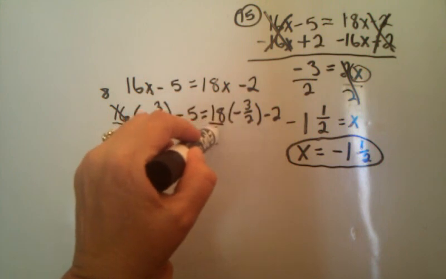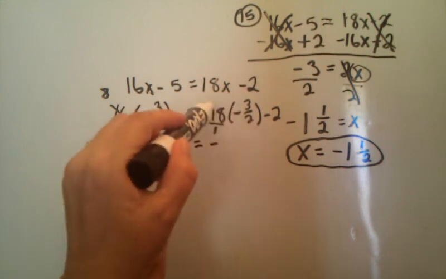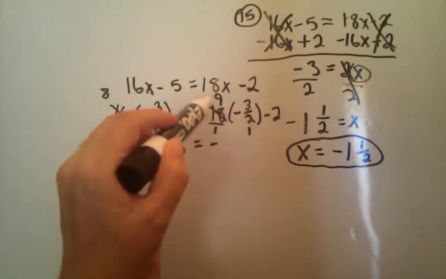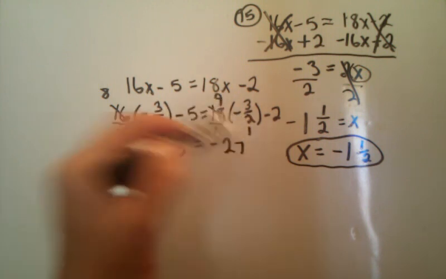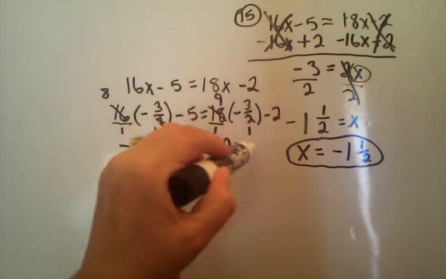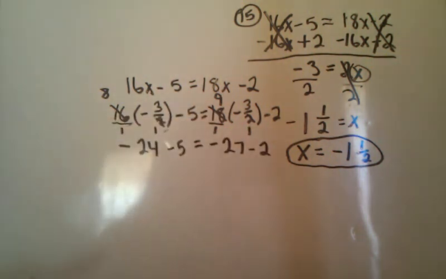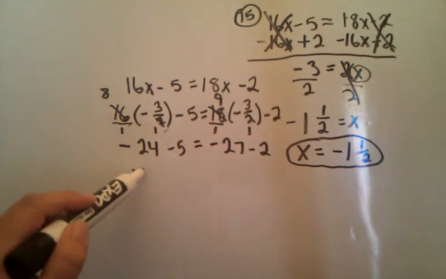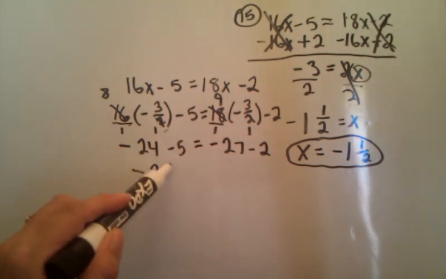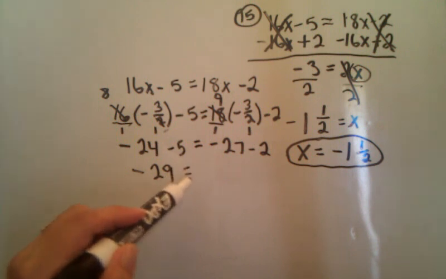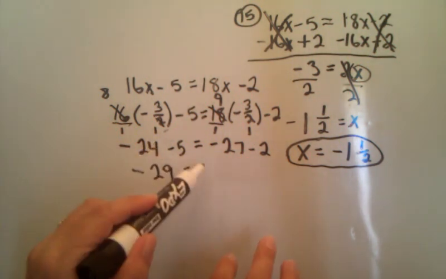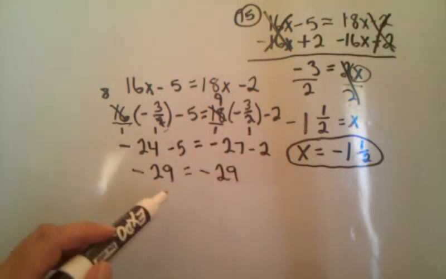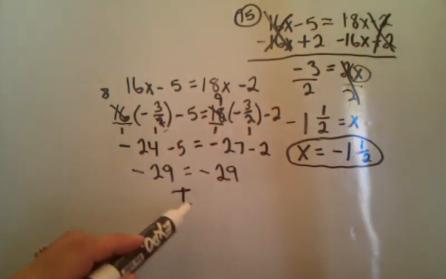Put my 1 here. 18 and 2, I can divide those both by 2, so my 18 is going to be a 9. 2 is going to be a 1. 9 times 3 is 27. 1 times 1 is 1, so I don't have to put it. Okay, my signs are the same, so I add. This could be a negative. 24 plus 5 is 29, so negative 29 equals, these are both negatives, so I add. 27 plus 2 is 29. Negative 29 equals negative 29, and that's true.